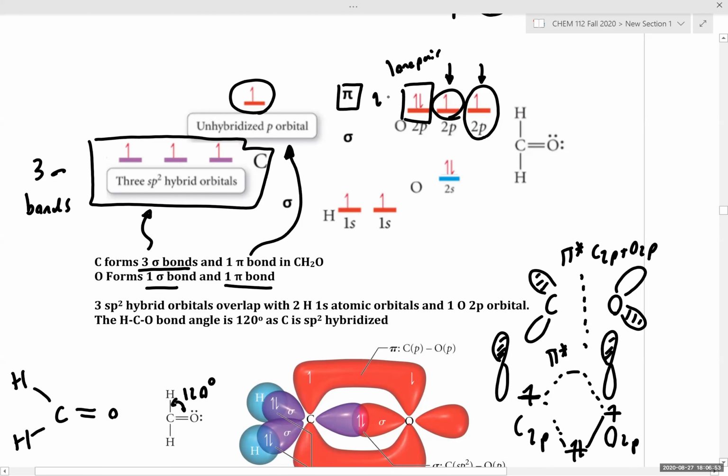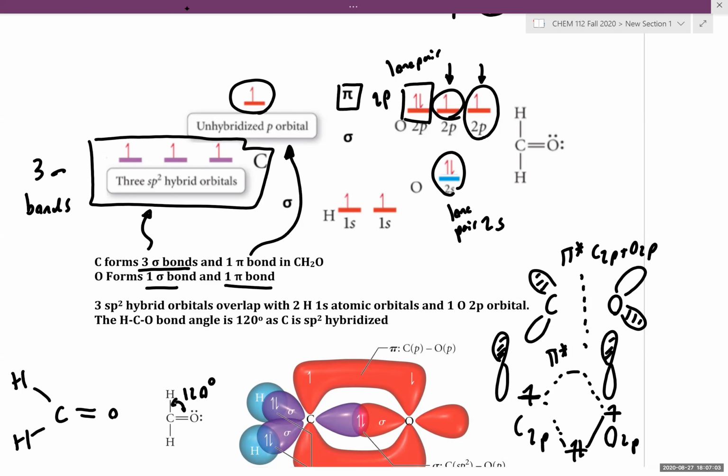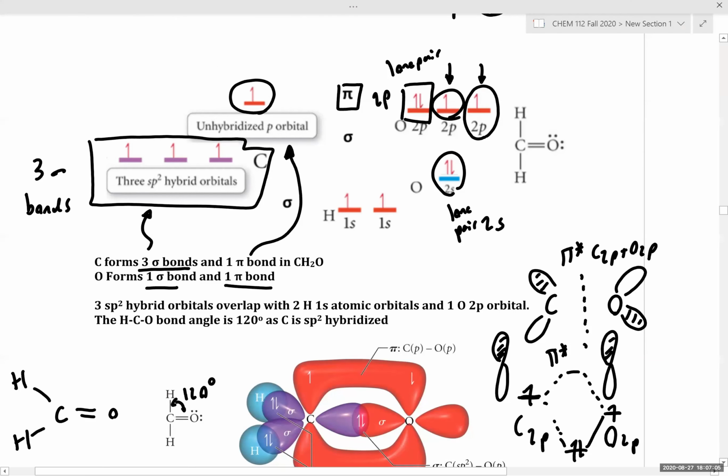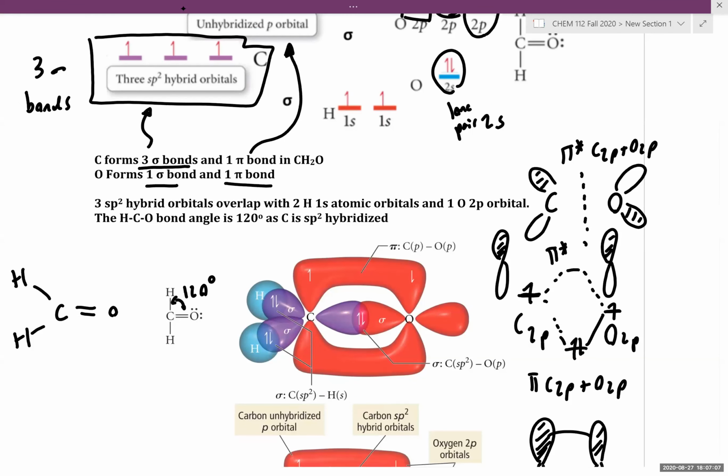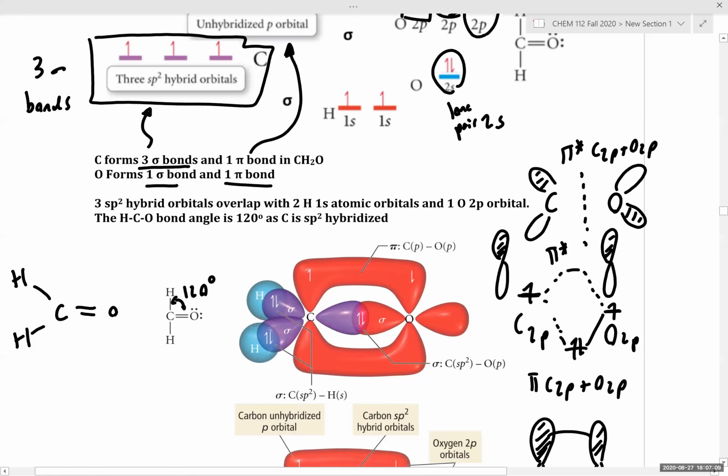So it has a lone pair in a 2p orbital, and it also has a lone pair in a 2s orbital. Okay, perfect. So because we're paying attention to that, we know that one of the lone pairs for oxygen is found in an oxygen 2p orbital. And that has a direct impact on that lone pair's energy.